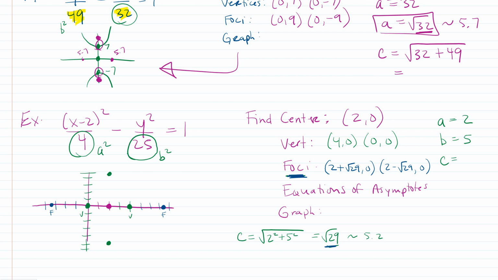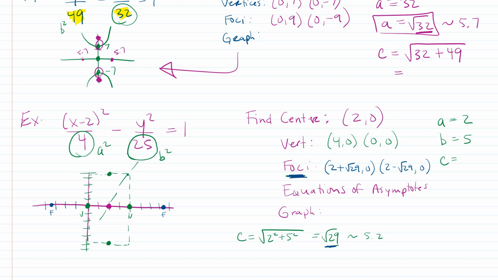And this is how we continue graphing it. So these points here will form an imaginary box. So draw that in. Each of these corners of the box will have a line that goes through them, and that's our asymptote.